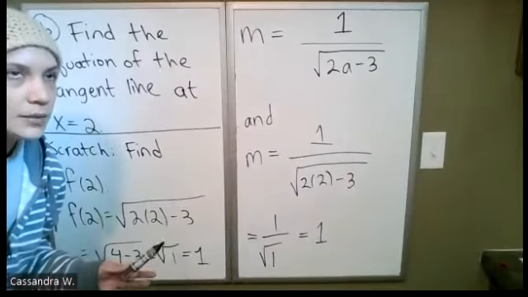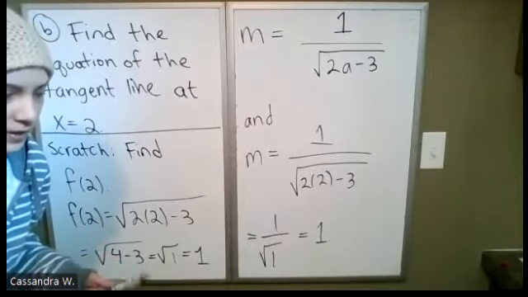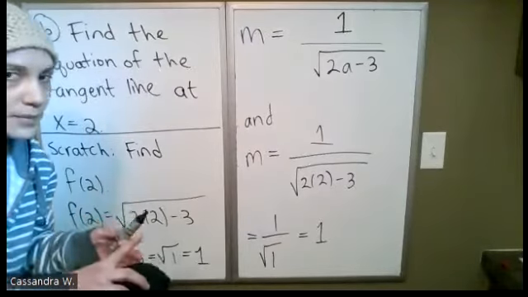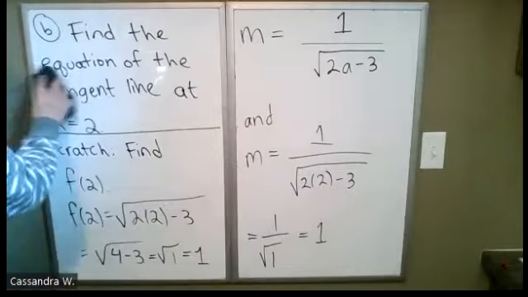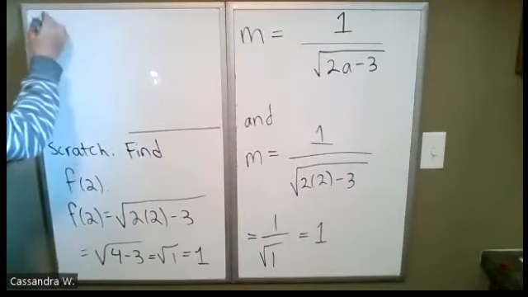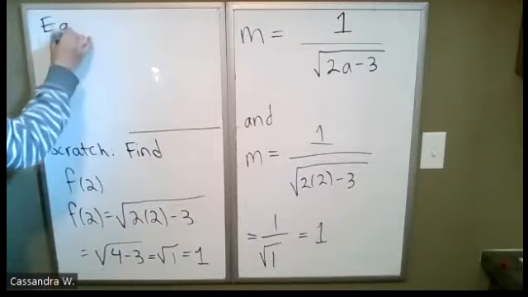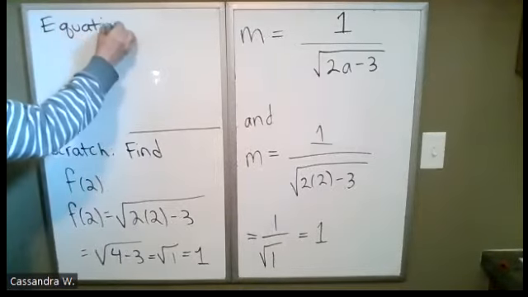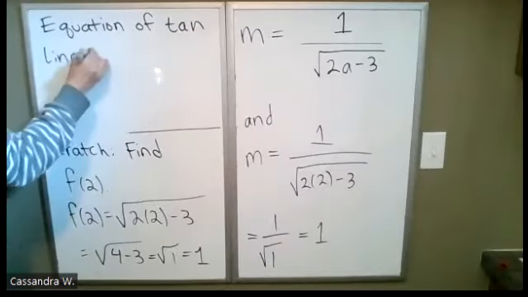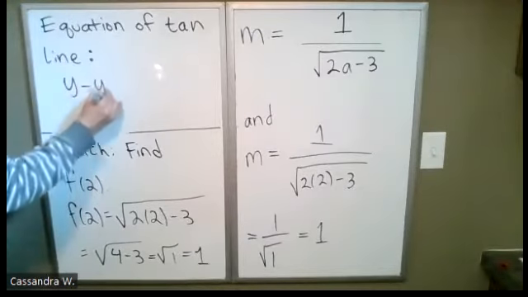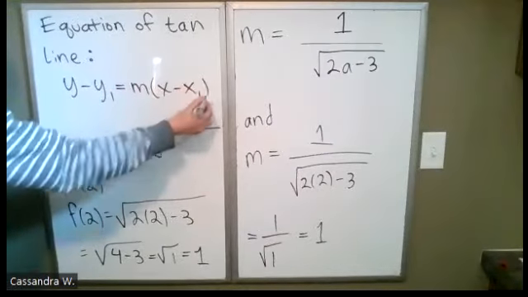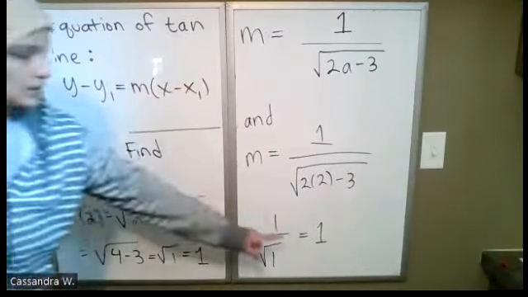Okay, we put this all into an equation for a line. There's different equations to use. I used the one where we have y minus y1 equal to m times x minus x1. This slope here is 1.